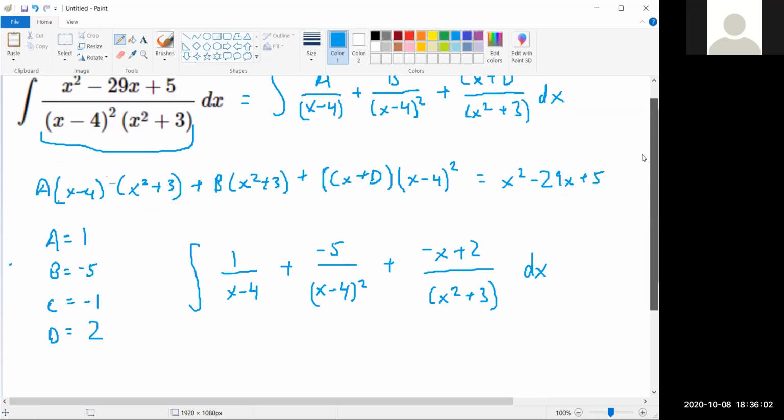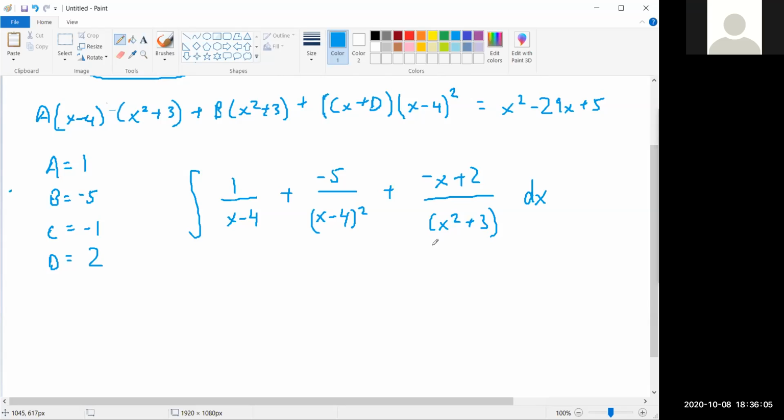These 3 integrals, we should be able to do at least the first 2. The third one might take a little work, but let's see if we can figure out what the integrals are.